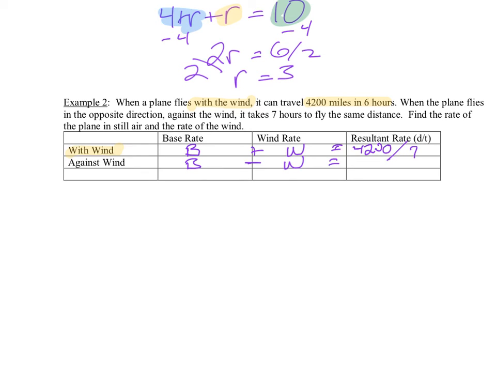And against the wind, it takes 7 hours to fly the same distance. That's the 4,200. That's a 4. You just can't see it very well. 4,200 divided by 7 hours.